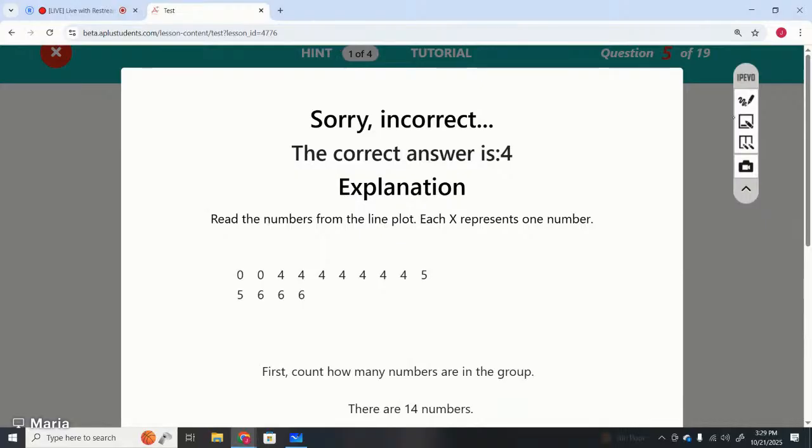Each x represents a number, right? So you have 2 above 0, that means 0. And then 6 x's on 4, so they all represent 4.